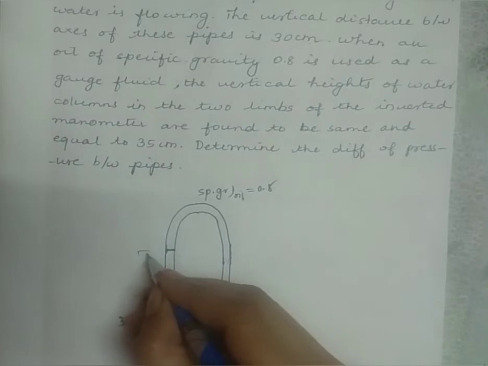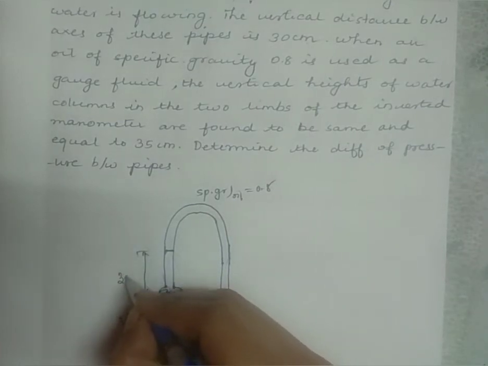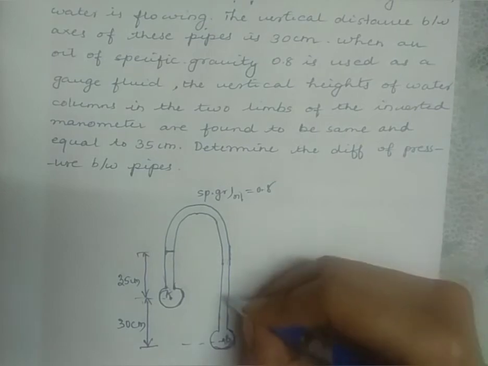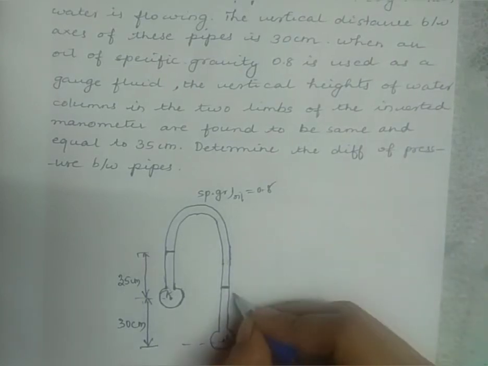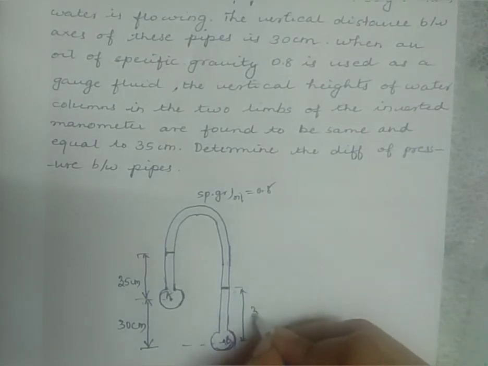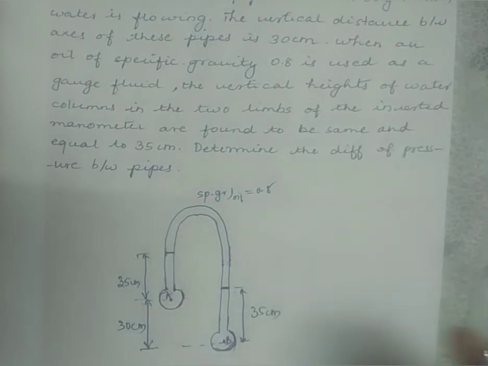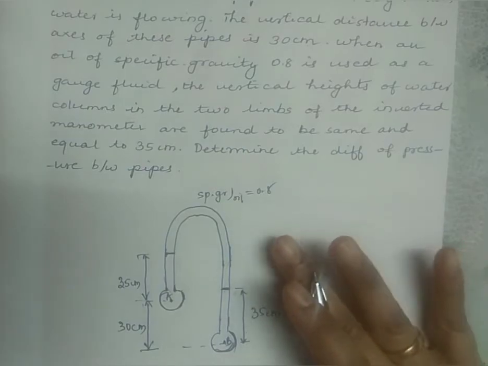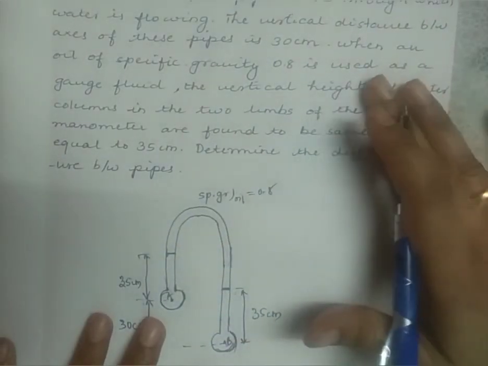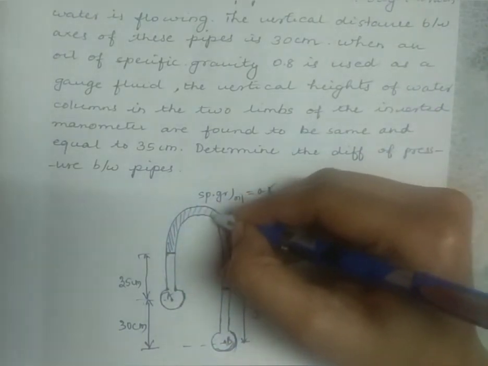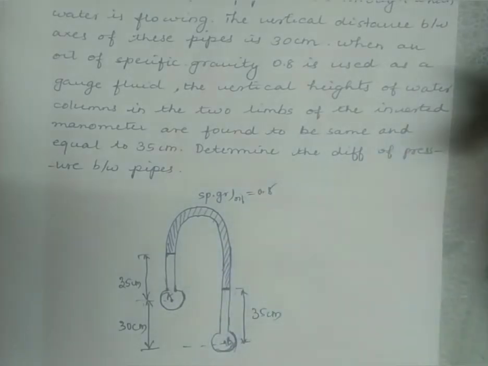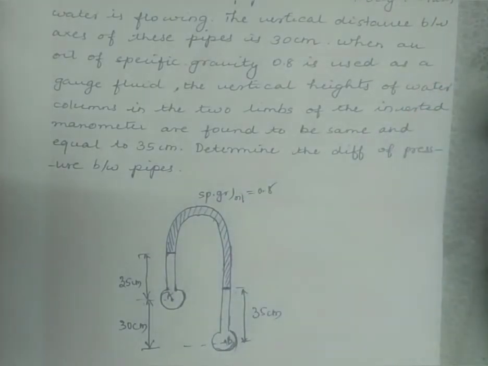So here to here it is 35 centimeters, and from B up to whichever height, this will again be 35 centimeters, as given in the question. So these are the given data in the question, and all are represented here. I am shading the part where the manometric liquid is filled. So its specific gravity is that of oil.